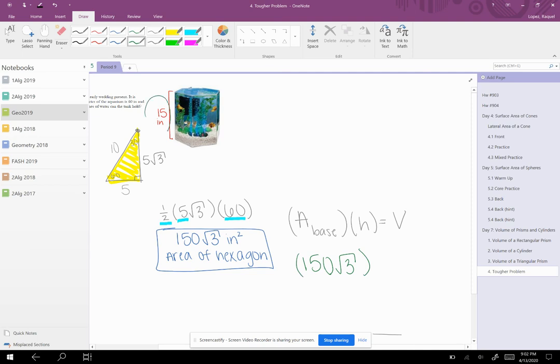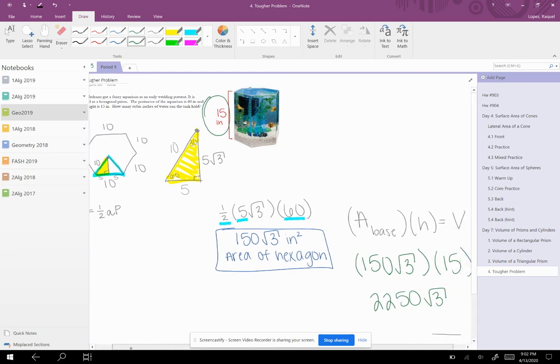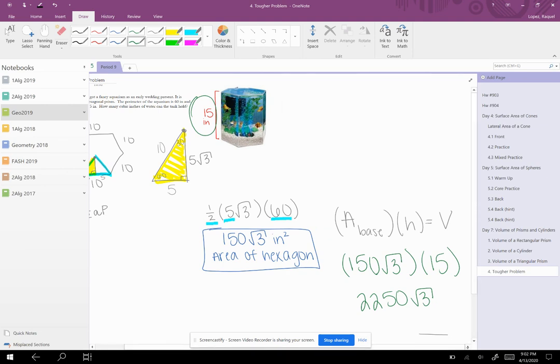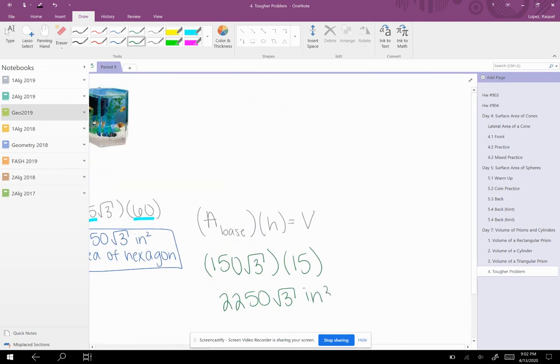And we were told the aquarium is 15 inches in height. Okay, and then again, I just multiply the numbers on the outside of the radical. And so my volume is 2250 root 3 inches cubed, and that's how much water my tank can hold.